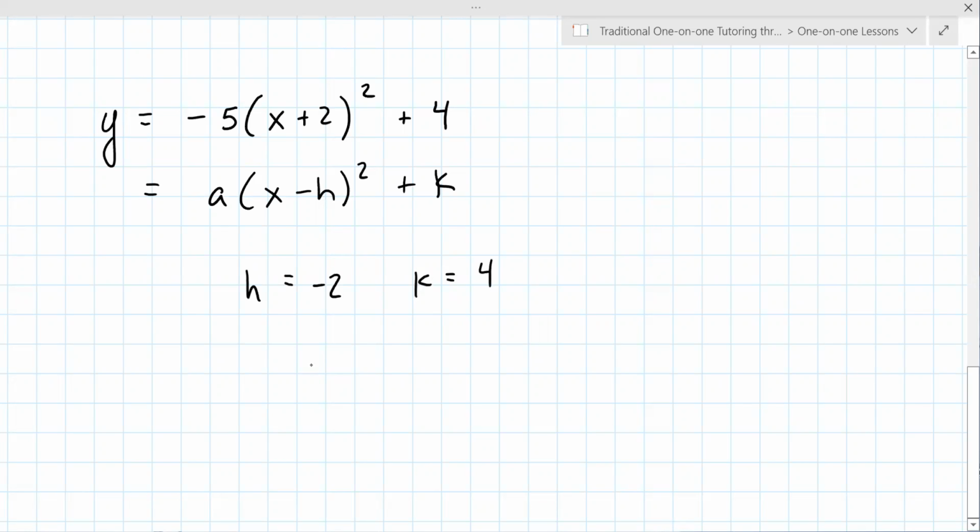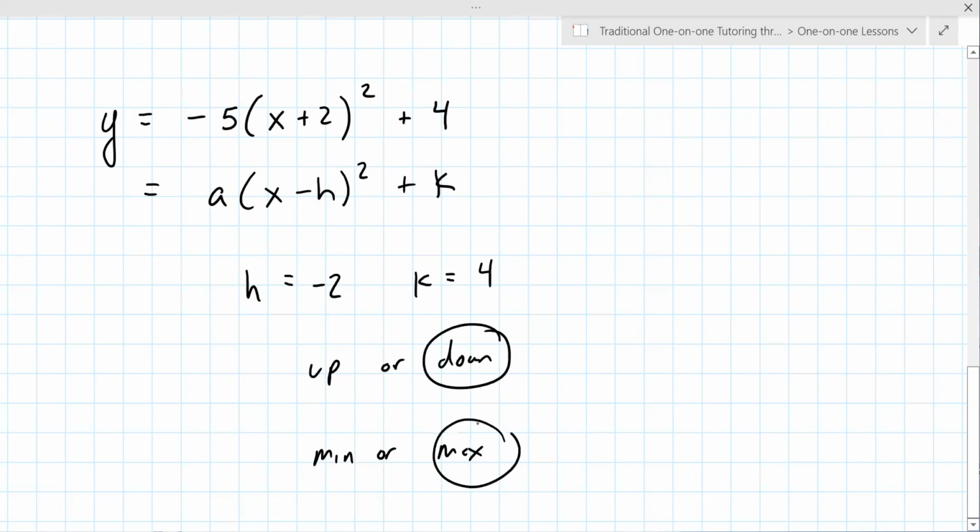And does this open up or down? It opens down. Opens down, and that's because of this -5. Does it have a min or does it have a max? It has a max. Very good. Now, if you're making note cards, if it opens up, it always has a min. If it's opening down, it always has a max.